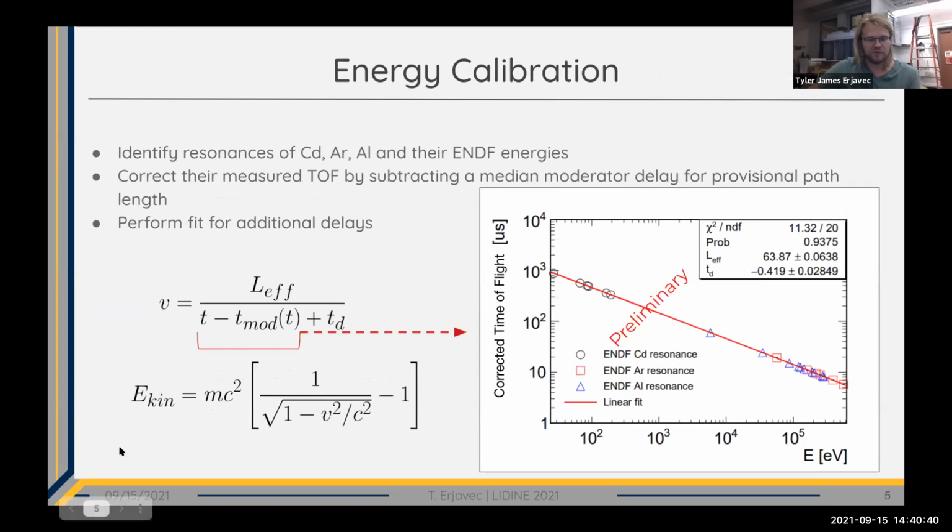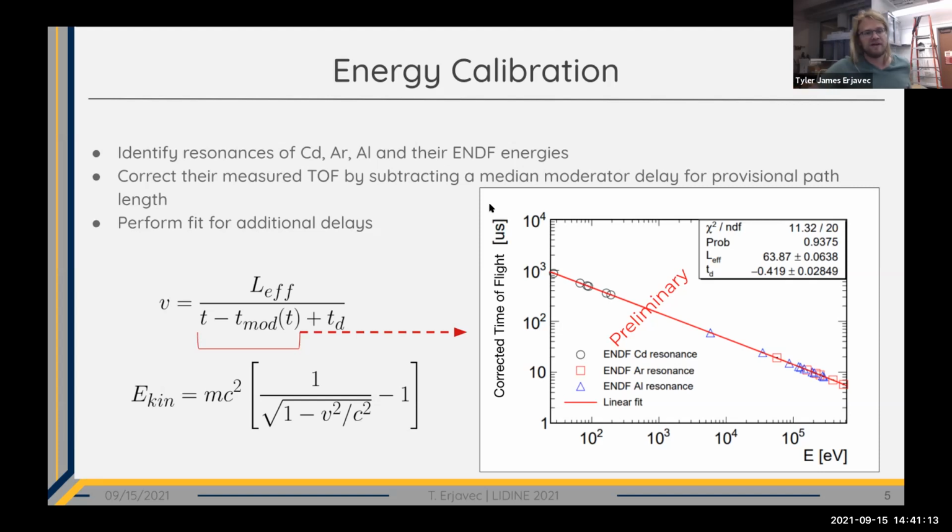But first, before we do any calculation of the cross-section, we need to calibrate our energies. Because again, there's a moderator delay and other factors that can delay neutrons that are not what we want to look at. So how we do this is we identify resonances of cadmium, larger resonances of argon, and also aluminum in the beamline. And we extract their energies from ENDF.